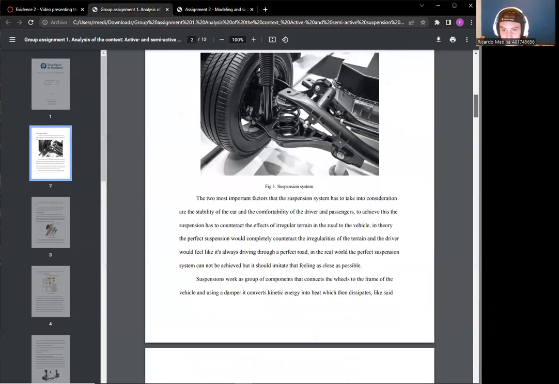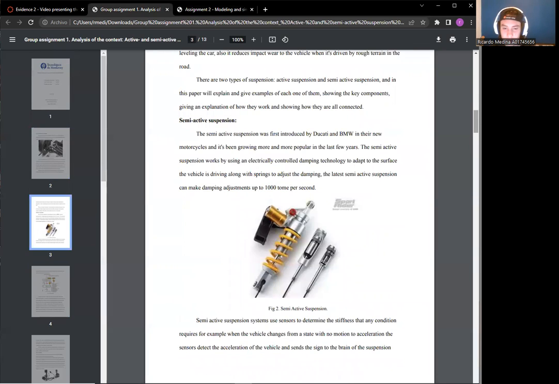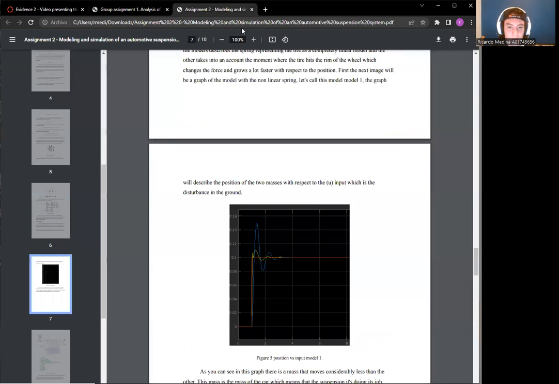The difference is that the semi-active one can change the damping coefficient on the road automatically via a mechatronic system. And why would we want to change the damping coefficient?